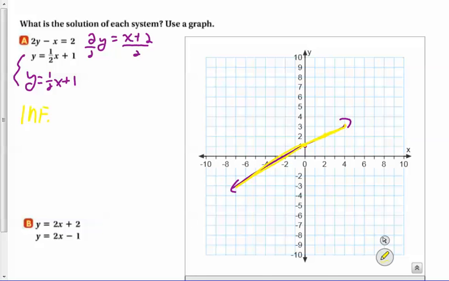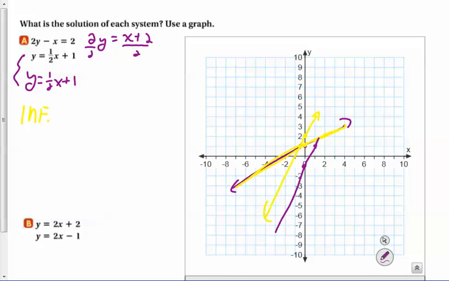2x plus 2 and 2x minus 1. If I graph these guys, I'll go up to 0, 2, put a dot, and then I go up 2 over 1. Here's this line. And then my other one, if I go to negative 1 and put a dot, I go up 2 over 1.